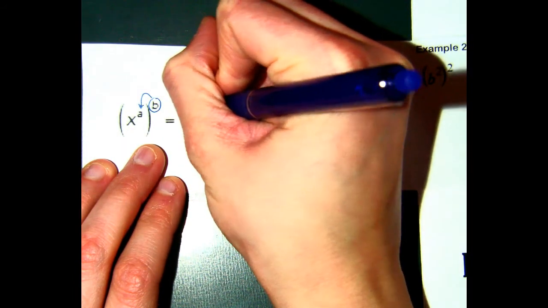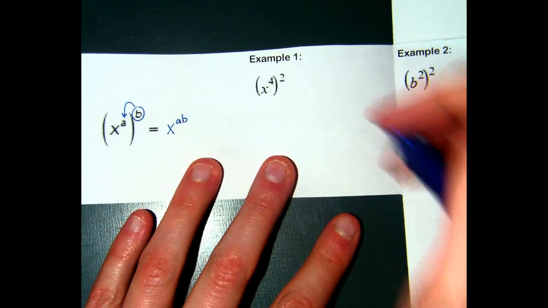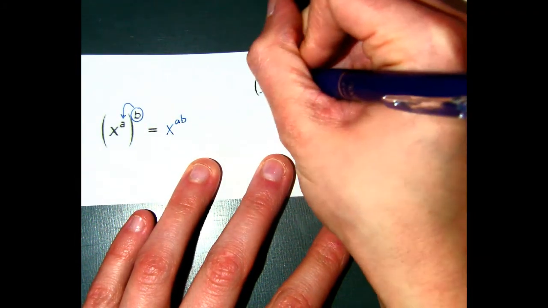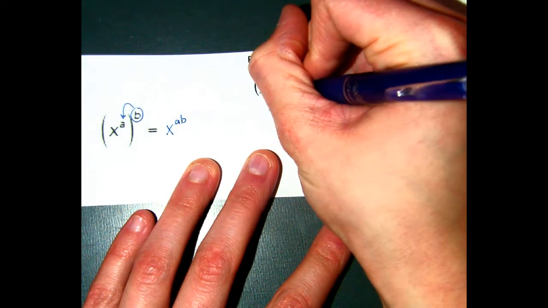So when I distribute, I'm multiplying. So this is A times B. So example 1. If I take this and I multiply it by 4, I have 4 times 2, so x to the 8th power.